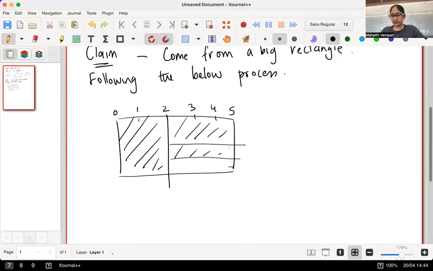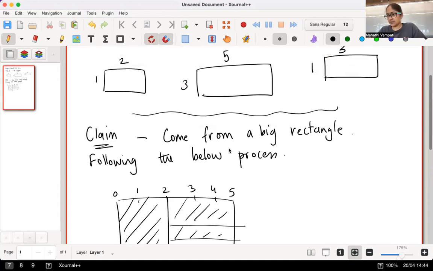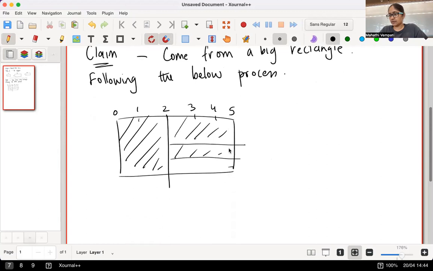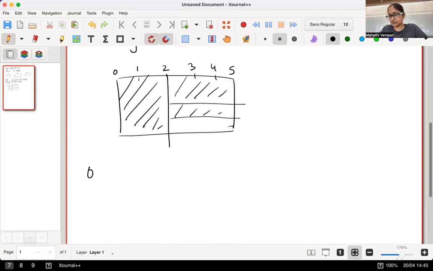Now, this is the process, and given these small rectangles, you have to give as output the possible big rectangles it could have come from.